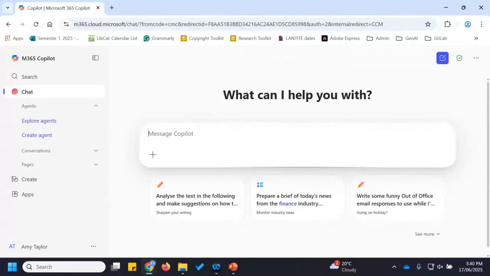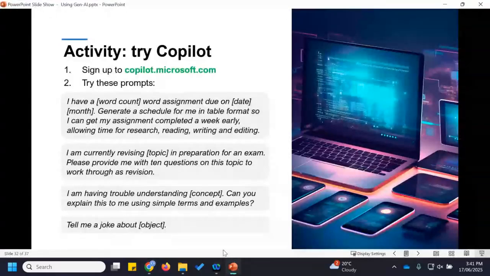Which is fair, it was the one that was around first. Copilot is just Microsoft's version of that. So what did we have?